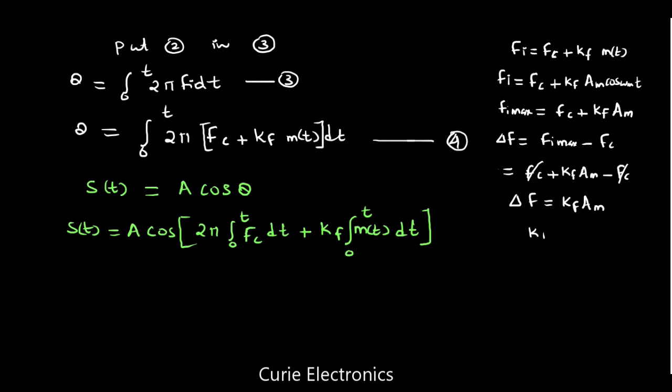Now instead of k_f, what can we write? k_f equals delta f upon A_m, the amplitude of the message signal. So instead of k_f, we have to use this delta f by A_m to simplify this equation.